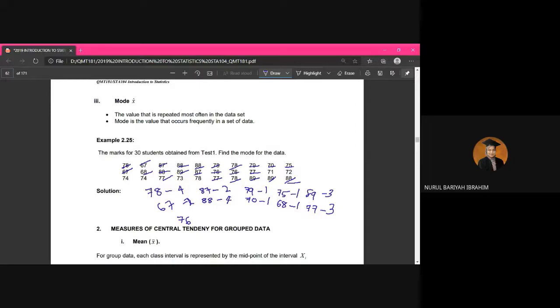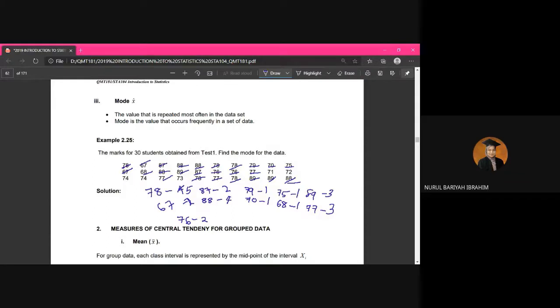1, 2, 2 also. If you can do the frequency table, lagi senang nampak, betul tak? 74 pun ada 2, 73 1. 78 ni satu lagi, 78 ada 5. Okay, we have 5, 78.